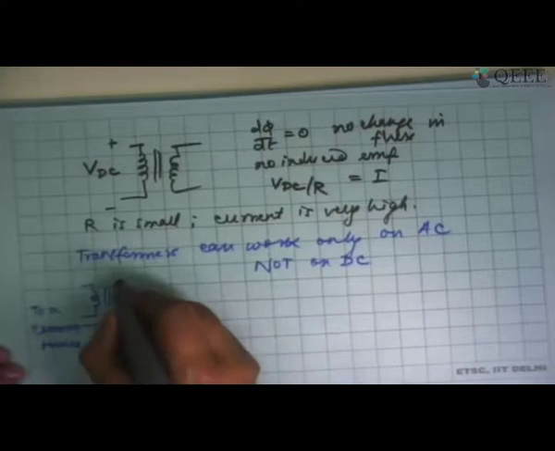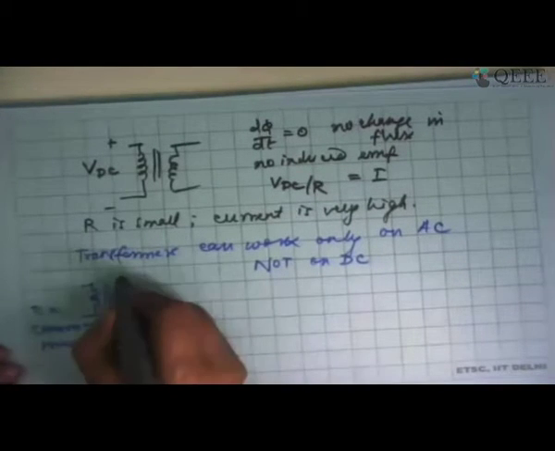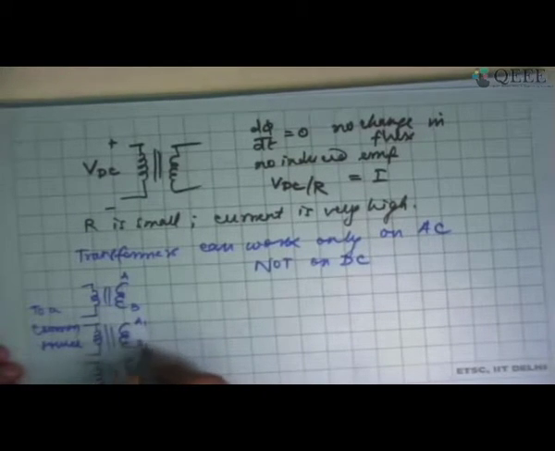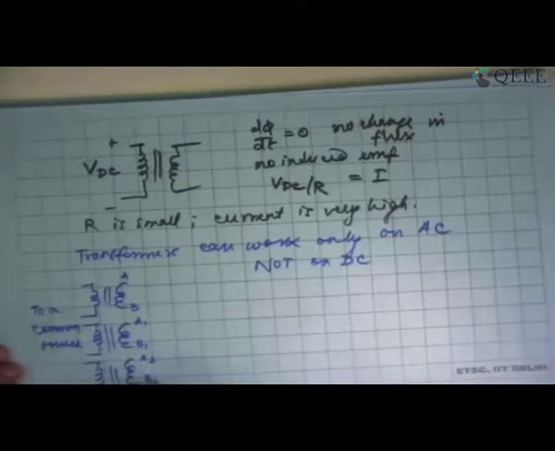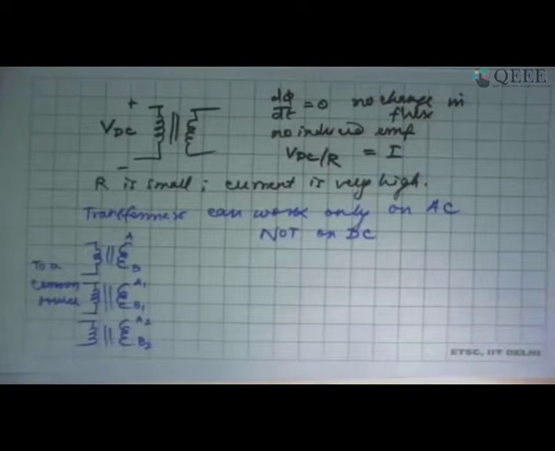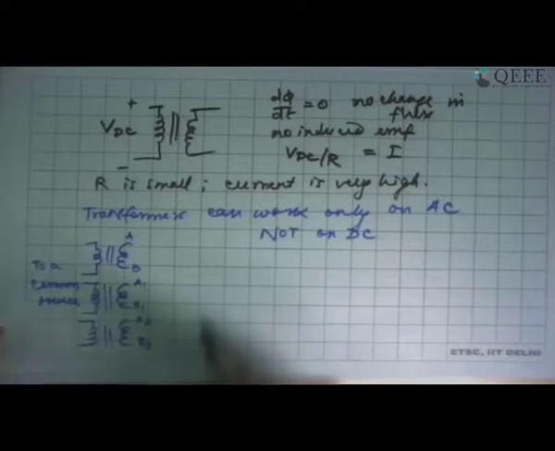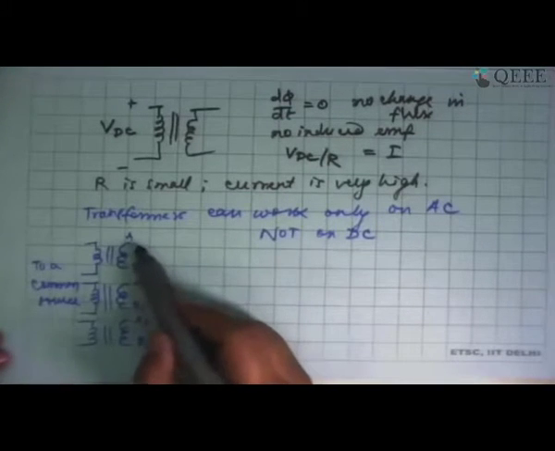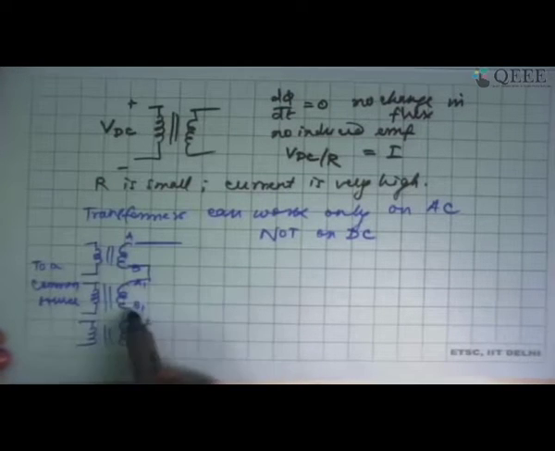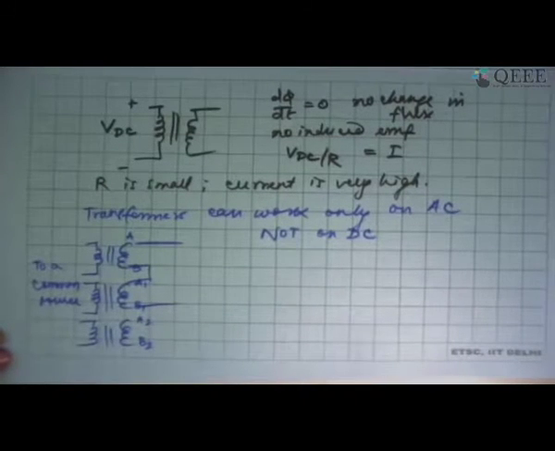Say I have A1, B1 and A2, B2. I have to check the polarities of A1, B1 and A2, B2 with respect to each other. I first check, connecting these two in series, whether I am getting 2 times V or 0 volts.